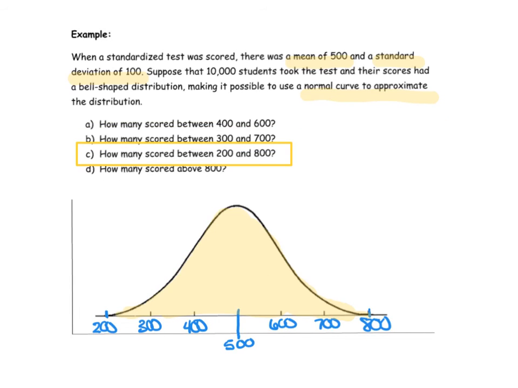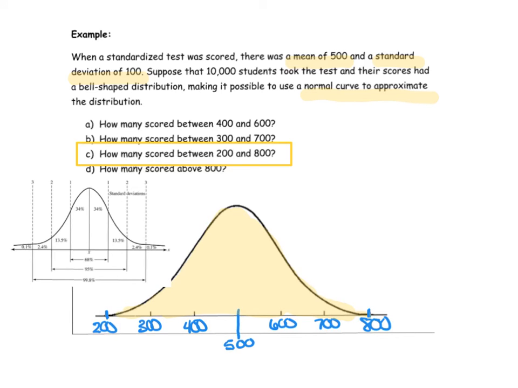On our next question, we're looking for how many students scored between 200 and 800. So 200 and 800, and everything in between I have shaded yellow. So we need to go back and think about that 200 is 3 standard deviations from the mean, and 800 is 3 standard deviations. So from 200 to 800, can we figure out what percentage of the data is lying under the curve?